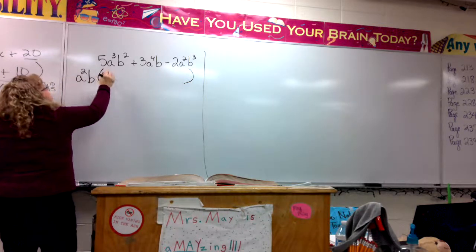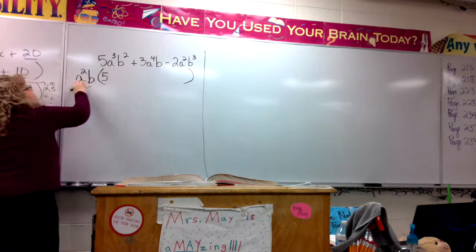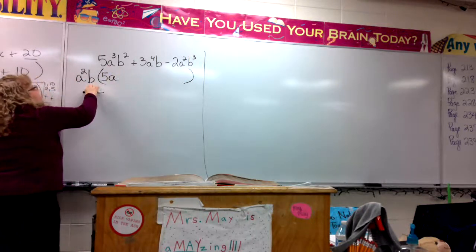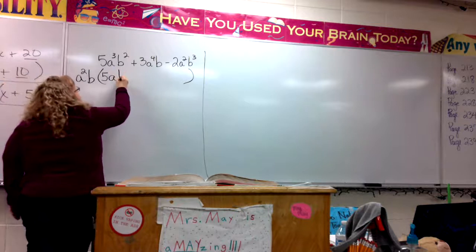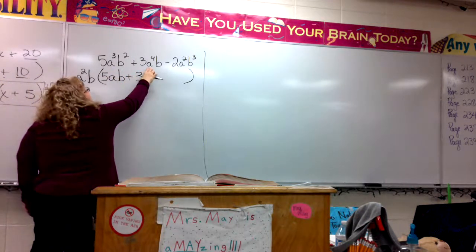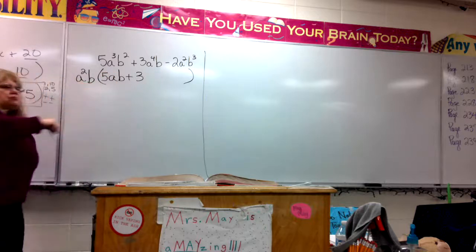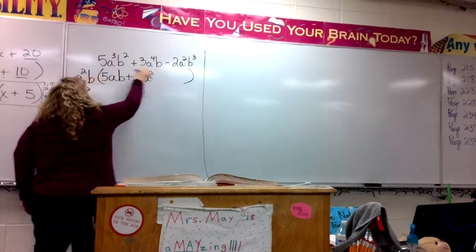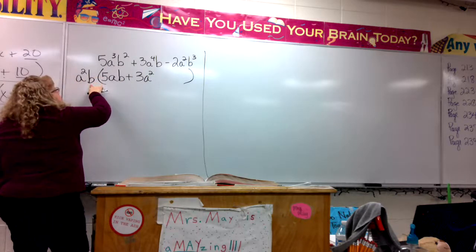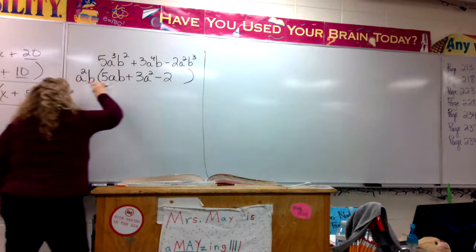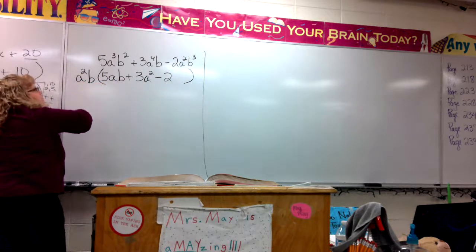Obviously a 5. I had 3 A's and I took 2 out, so 1 left. I had 2 B's, I took 1 out, so 1 left. 3. 4 A's, I took 2 out, so 2 left. B, took 1 out, none left. 2 A's, took 2 out, none left.